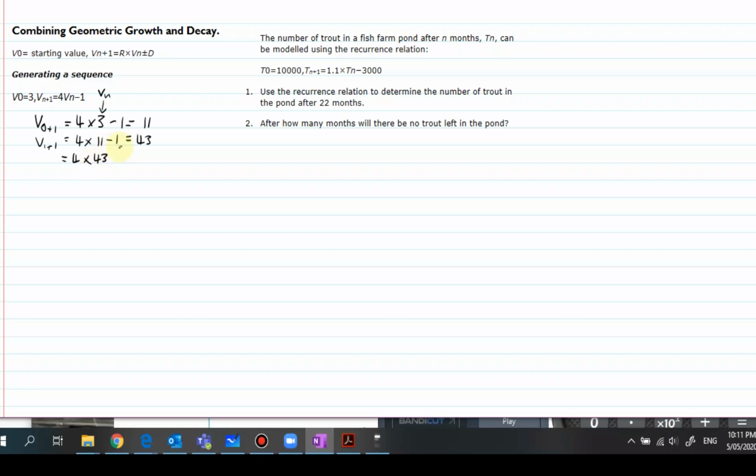So that gives us 172, minus 1 gives me 171. And this one, I'm not going to bother working out in my head, so I'll throw out the calculator. Four times 171 is 684, take 1 is equal to 683. So that's building our recurrence relation as we go along.